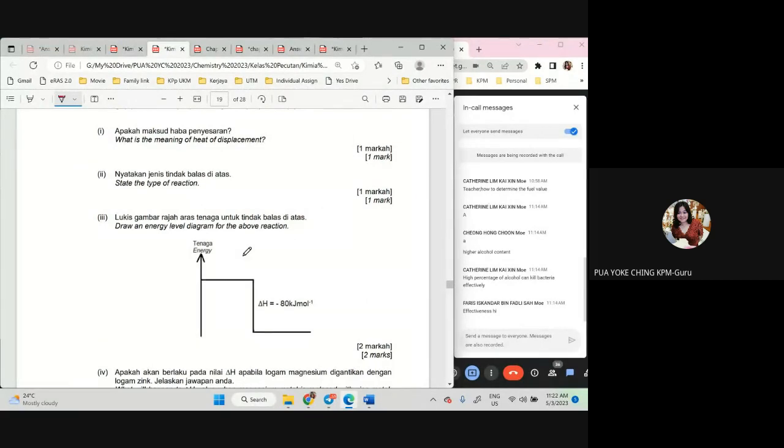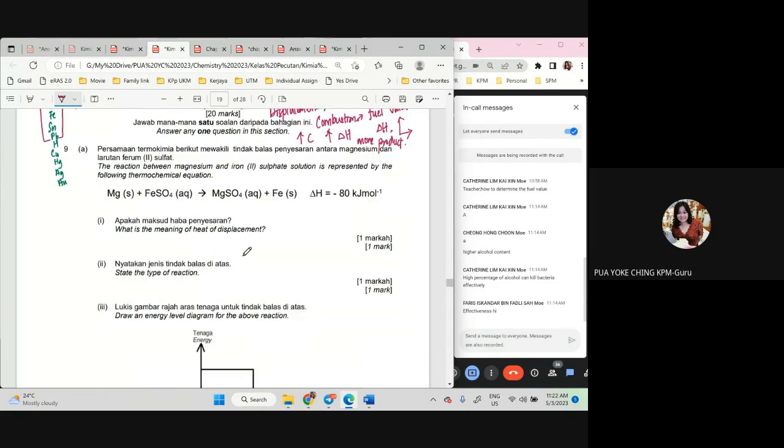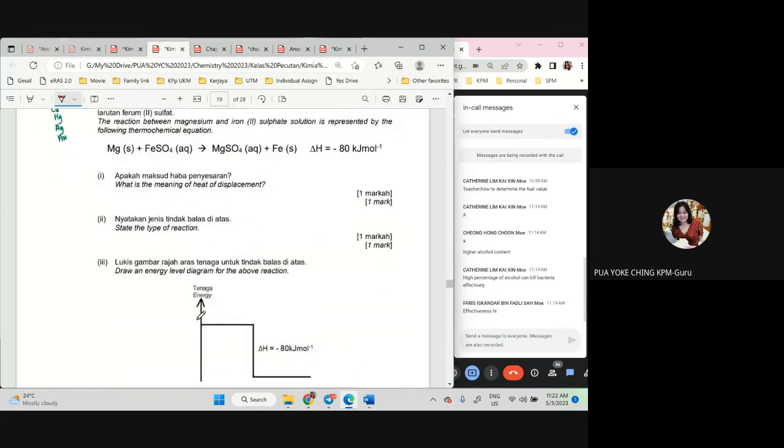So, make sure for energy level diagram must be complete. What is meaning by complete? Paksi Y label energy atau tenaga. Level ini atas bawah ada reactant Mg tambah FeSO4, MgSO4 tambah Fe. And then you have the delta H, and then arrow ni pun betul.